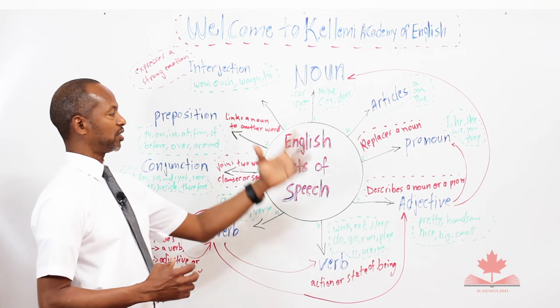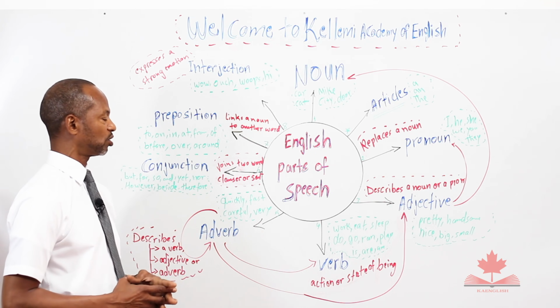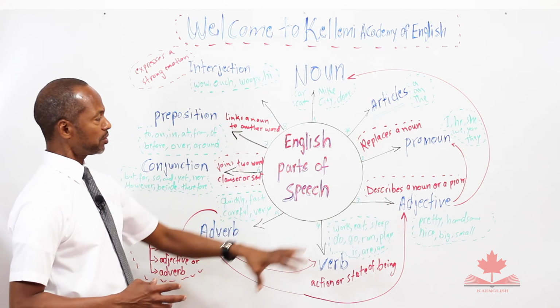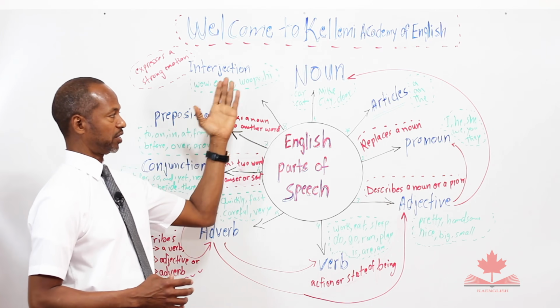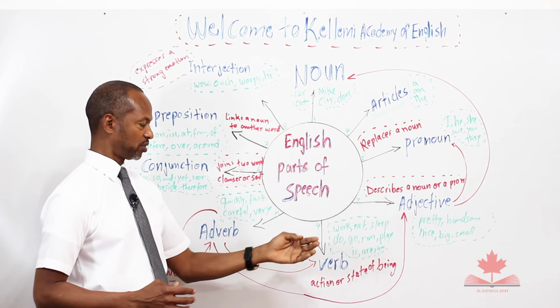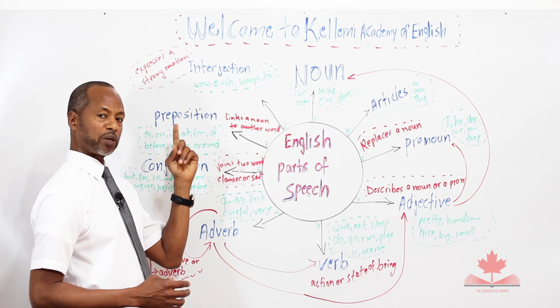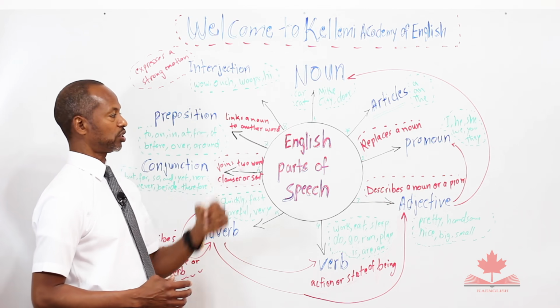So these are basically the English parts of speech. There are 8, and as I said: nouns, pronouns, adjectives, verbs, adverbs, conjunctions, prepositions, and interjections.